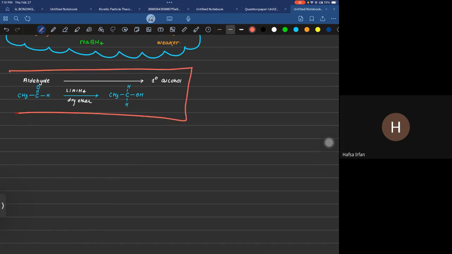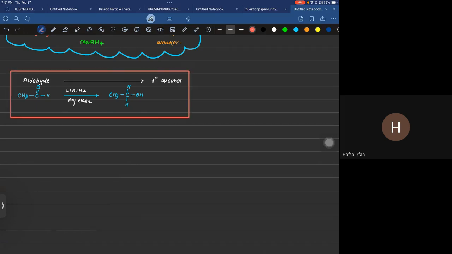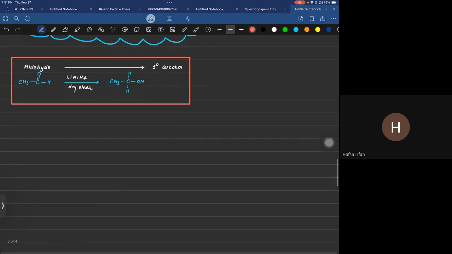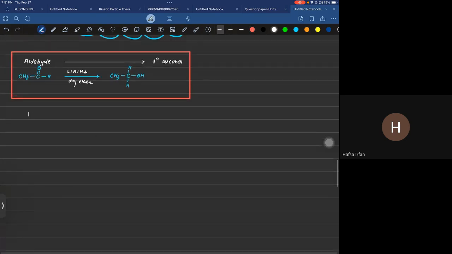Let's do another reaction. Another reduction, I can say. So the second one is from ketone to secondary alcohol. Second reaction क्या है? Ketone to secondary alcohol. That is 2 degree alcohol. Okay.